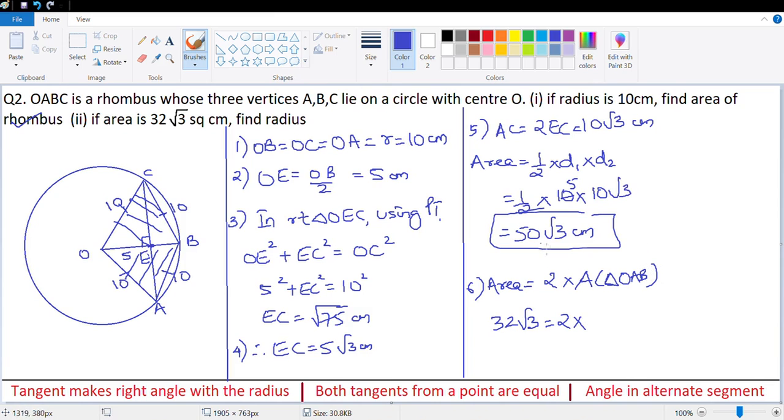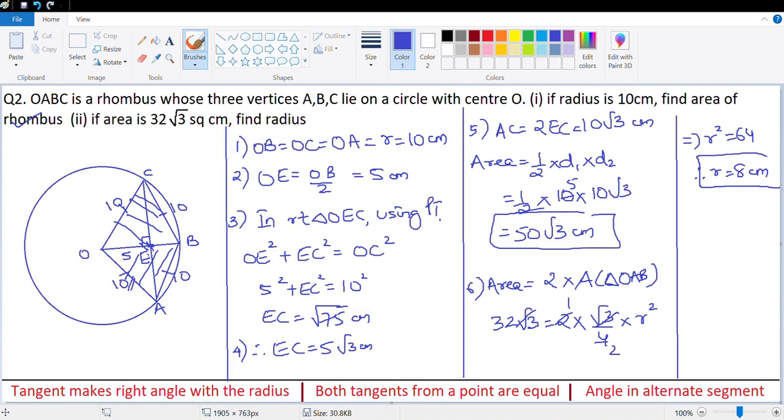OAB is an isosceles triangle because OB and OA are equal, which means area would be root 3 upon 4 into radius square, which will help us find the radius of this circle. This is 2, 1, 2, root 3 and root 3 gets cancelled, which means R square is equal to 64. Therefore, R is equal to 8 centimeter.